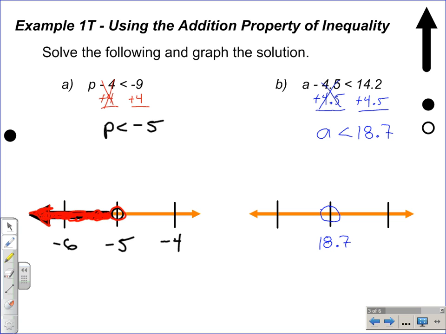Numbers to the left of 18.7 on a number line are the solution. So we'll color or bold in that left side of my number line. So here we've seen two examples of using the addition property of inequality to solve an inequality.